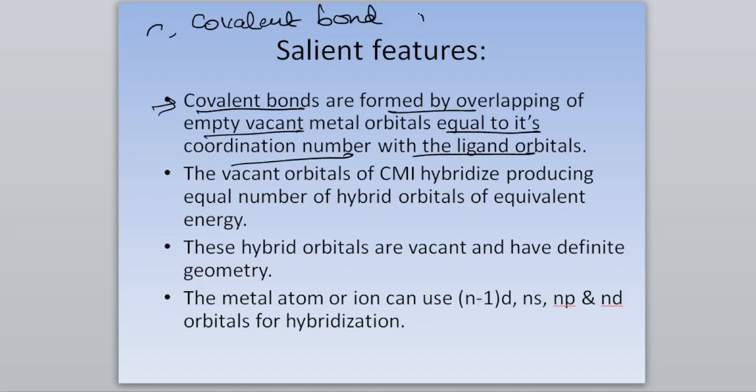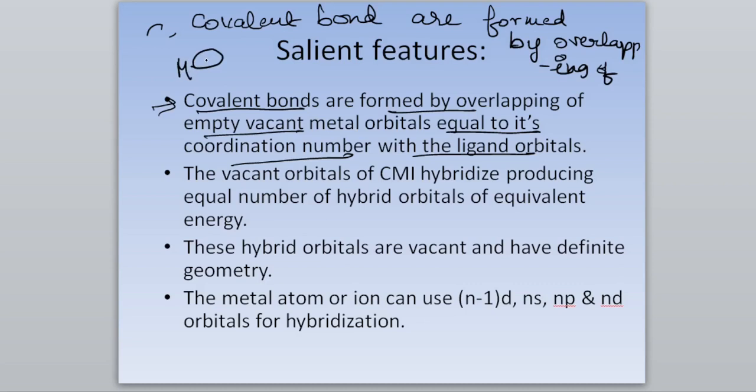If this is a metal, it will have the empty vacant metal orbital. This vacant orbital is filled by the ligand's electron. So the overlapping of the ligand's orbital with the empty vacant metal orbital forms the covalent bond.